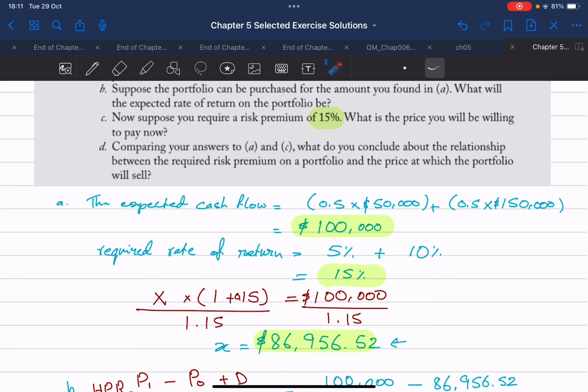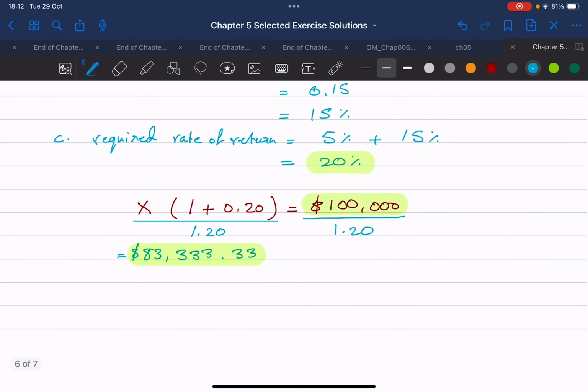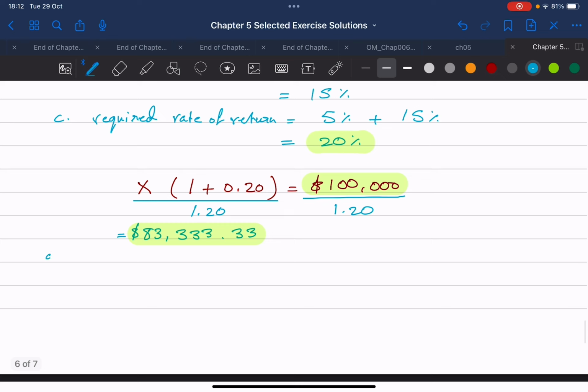Okay? The model answer of the book is similar to that. It says for a given expected cash flow, portfolios that command greater risk premiums must sell at lower prices. Okay? So let's write that down, just to give you a model answer that hopefully you can work with.